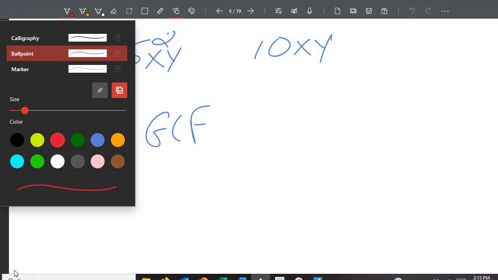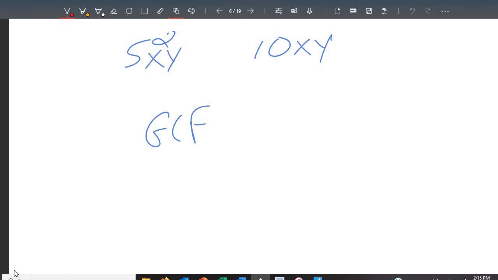Now this problem has two variables. When you're dealing with two variables, they both have to have the same variable. That's key. Now first, let's look at the 5 and the 10. They both are divisible by 5, so we put a 5 for my GCF. Now, this one has an x. This one has an x.